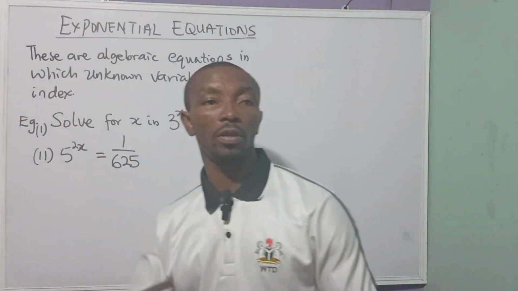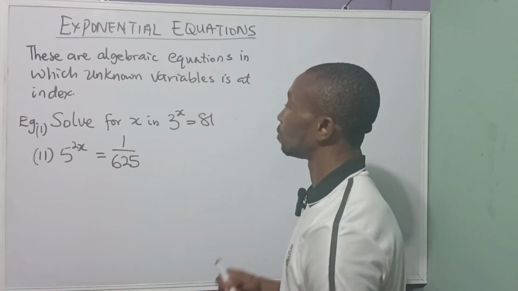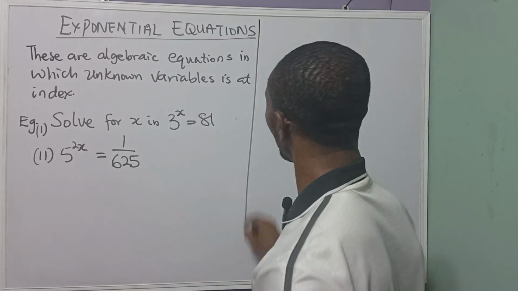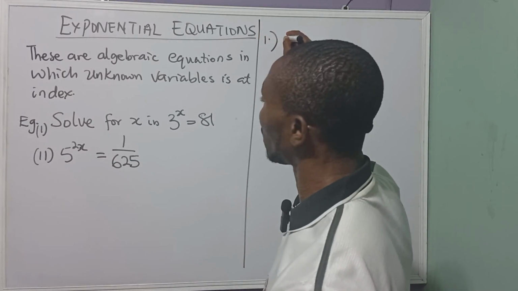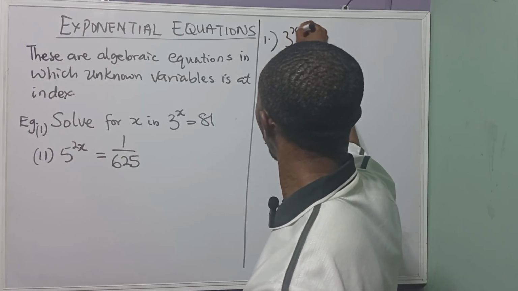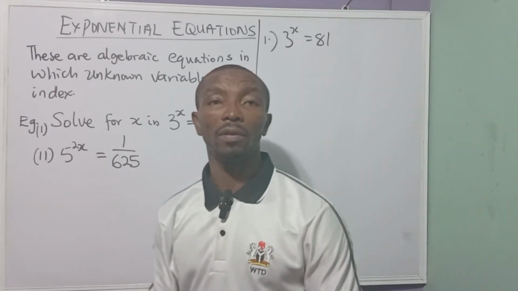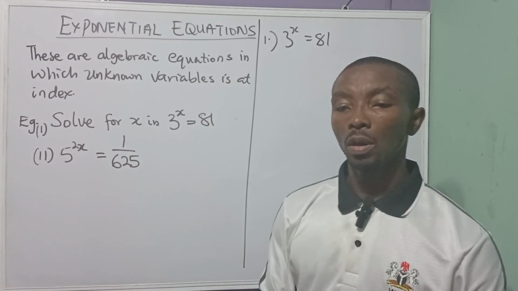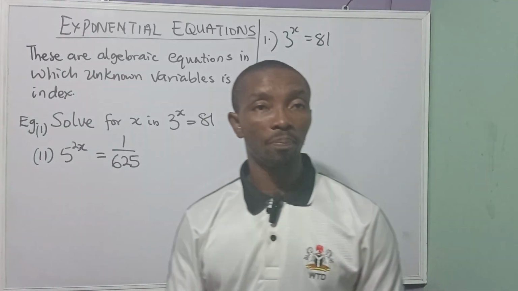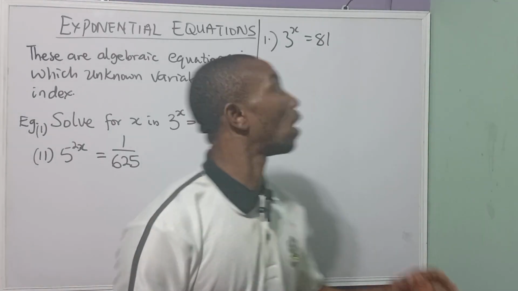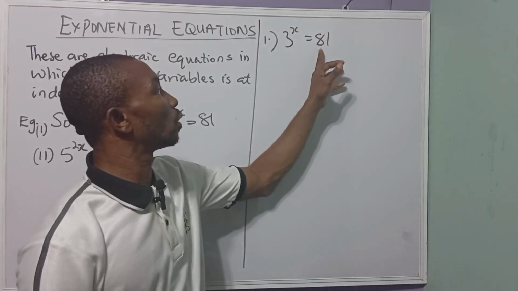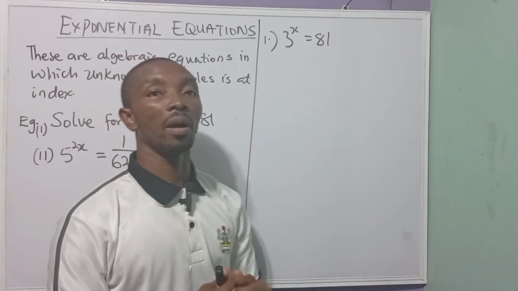Now, in solving for the first, we have 3 raised to x equals 81. We are going to find the value of 81 in the base of 3, looking for how to express 81 with the number 3.